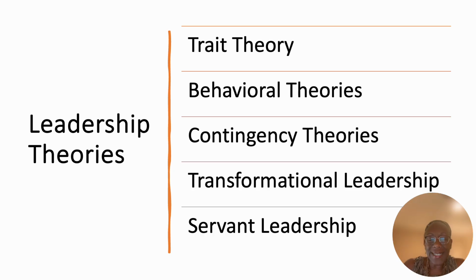Those are some traits in leaders, and that is the foundation for trait theory. Behavioral theories, for instance, say that leadership is about specific behaviors, task versus the people orientation. How do they behave? Being prompt, being direct, communicating well.